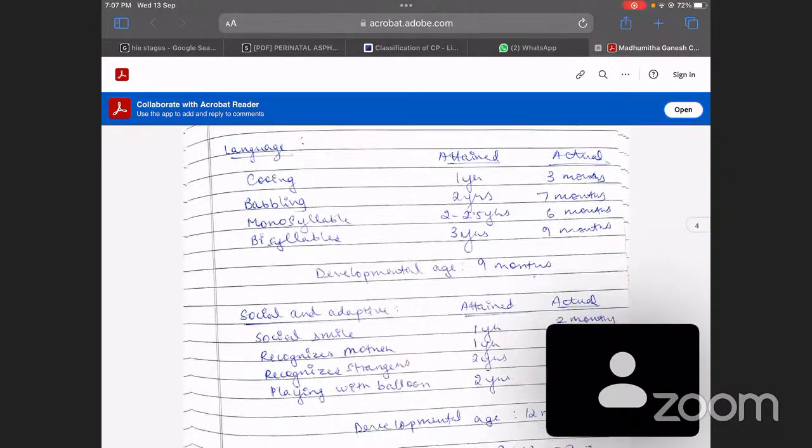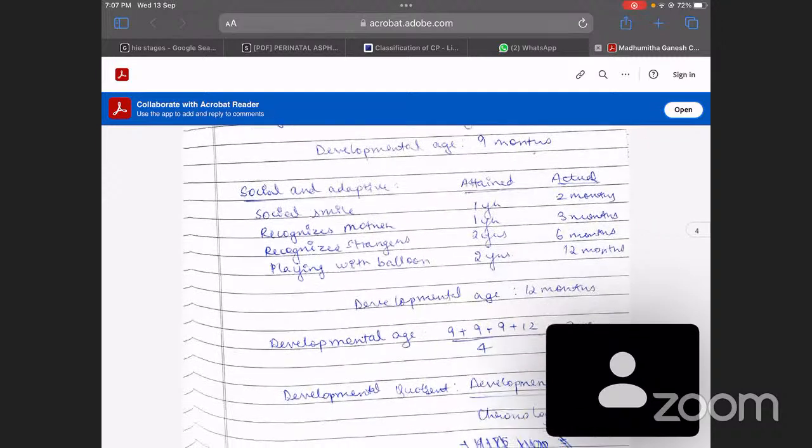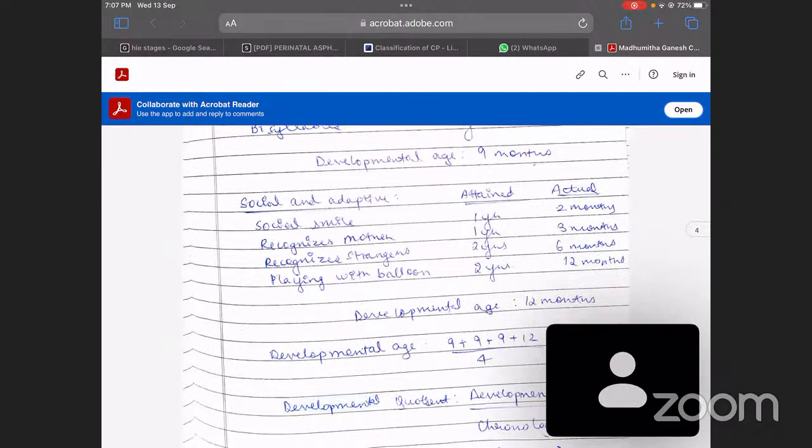Very good. This is also one of the important features because when you are seeing a delay in language milestones, always assess hearing. Sometimes there is auditory neuropathy, where your otoacoustic emission, OAE, which tests the outer hair cells in your ear, is normal compared to your BERA, the brainstem evoked response test, which is abnormal.